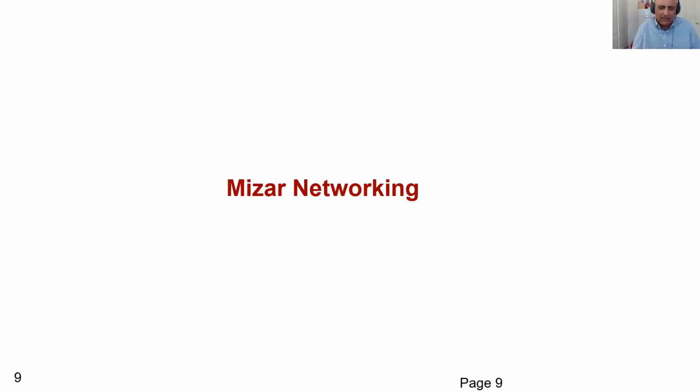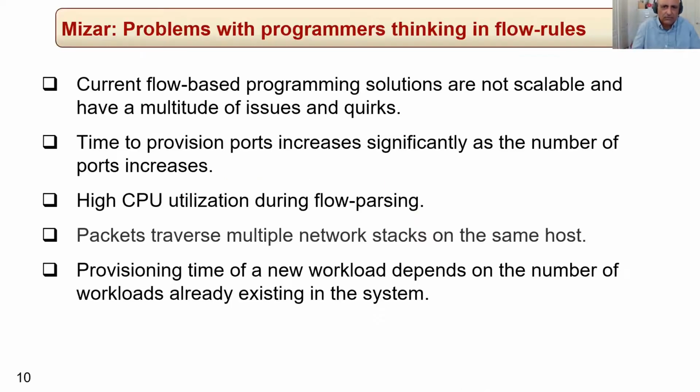The current contemporary open source platforms do not provide such dynamic workload provisioning of networking in such a dynamic environment. So that's why we had to build the network virtualization layer from the ground up, and that's what Mizar networking is actually. So what are the problems?